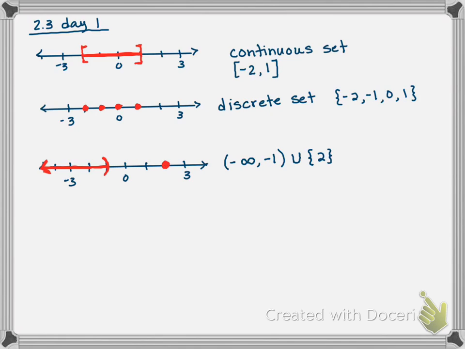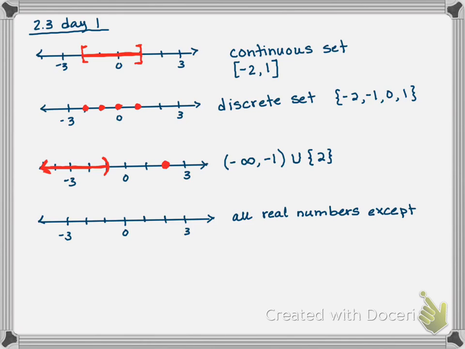Another one we'll see fairly often is when we just skip a single number. So instead of having individual numbers that are in the set, you can have individual numbers that are not in the set. So for example, let's say all numbers except 1.